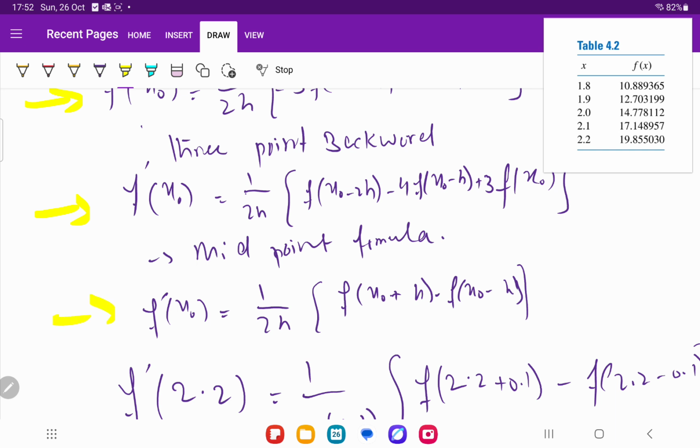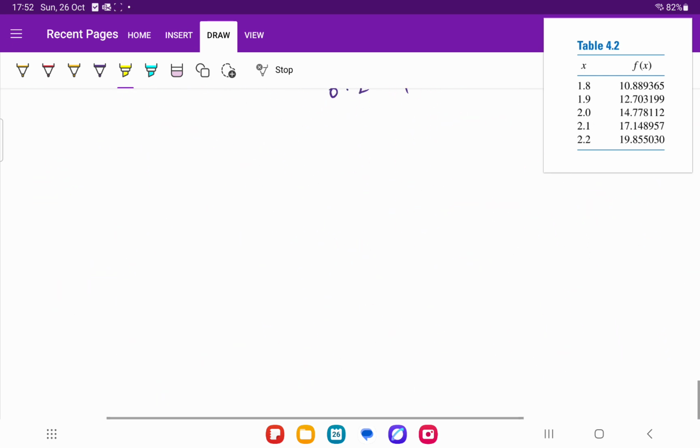So currently we have covered 2 important parts of numerical differentiation. One is the 2-point formula, which has backward and forward, and another is the 3-point formula, which has backward, forward and midpoint.